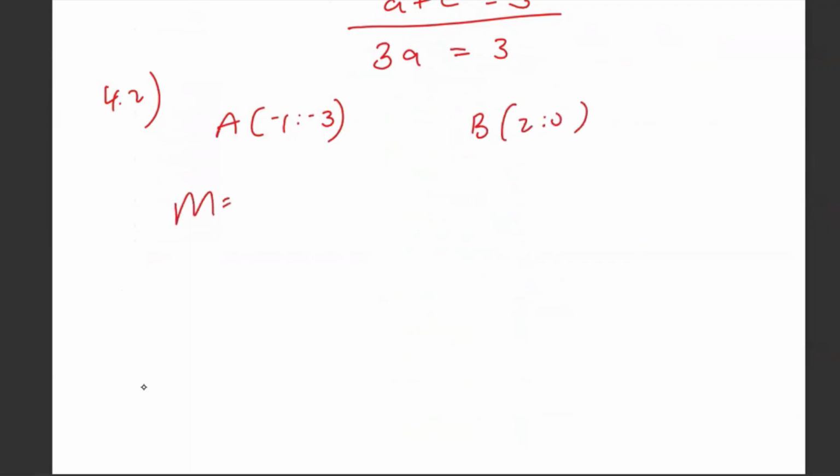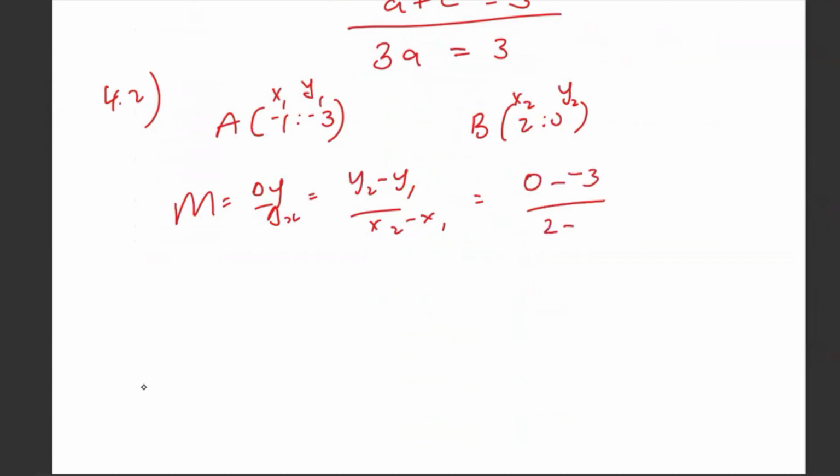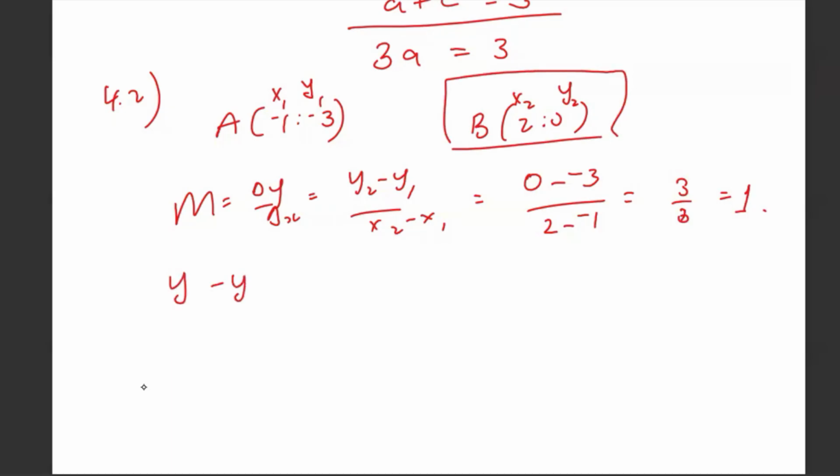So gradient is change in y over change in x, meaning that it's y2 minus y1 over x2 minus x1. So if this is my x1, y1, this is my x2, y2. So I'll have 0 minus -3 over 2 minus -1. This is 3 over 3, which is 1. Then I can use my point B and this equation to get the value of c straight away.